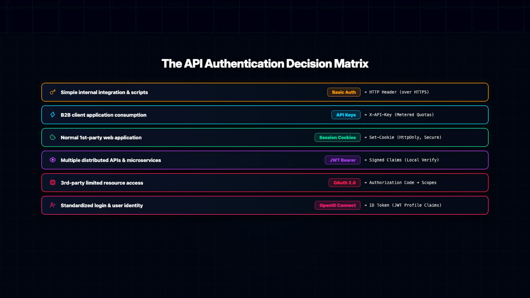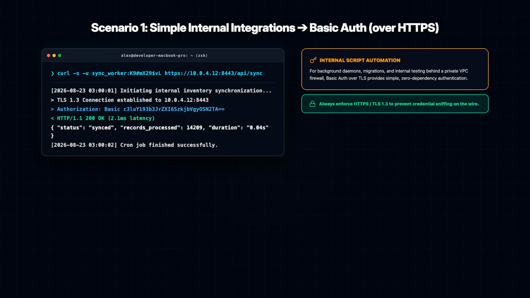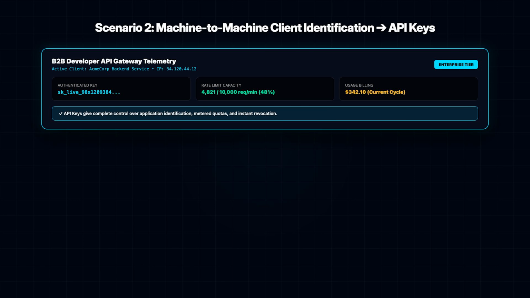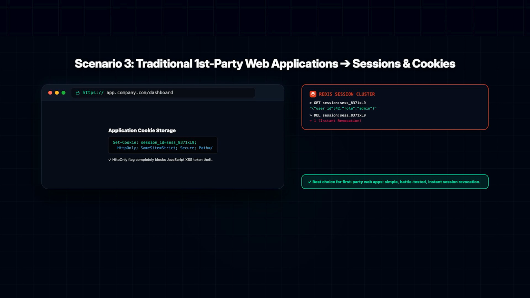Now, if we put everything together, the decision becomes much easier. If you have a simple internal integration, basic auth over HTTPS can still work. If another backend application is consuming your API, you mainly need to identify that client. An API key may be enough. If you are building a normal first party web application, server side sessions with secure cookies can still be a very good option.